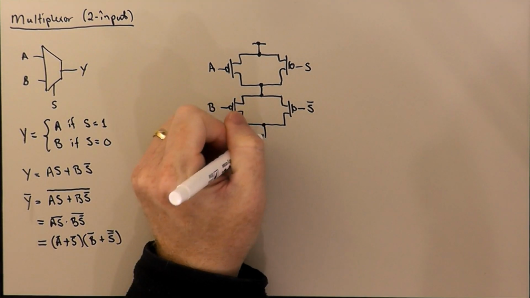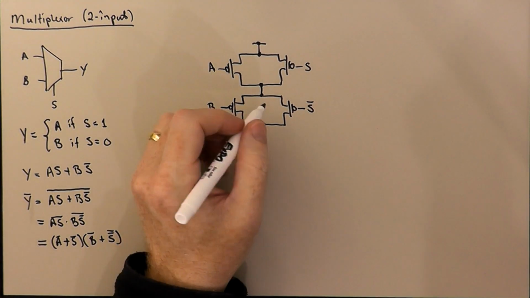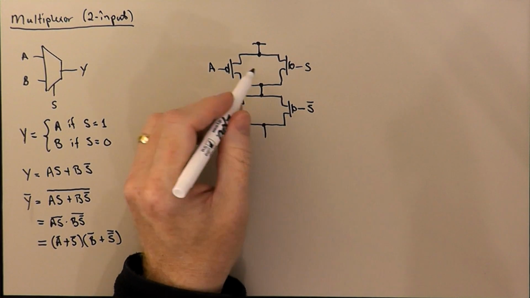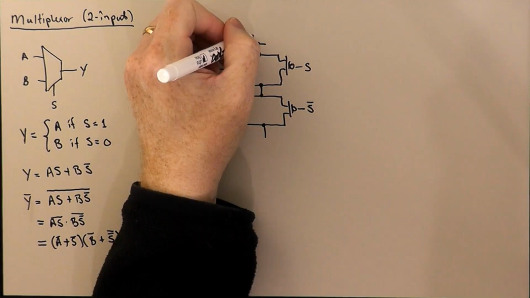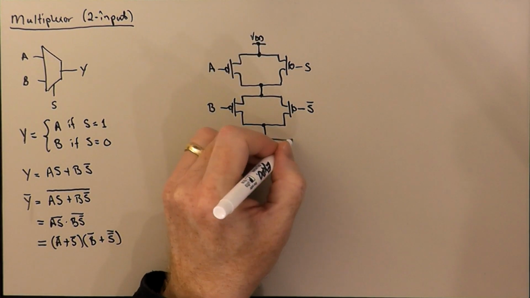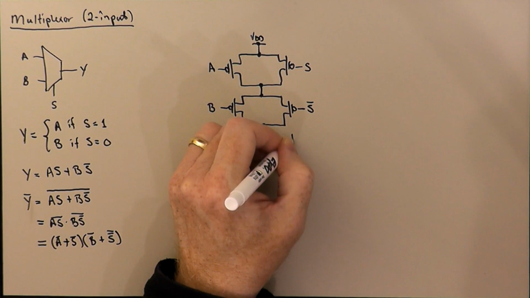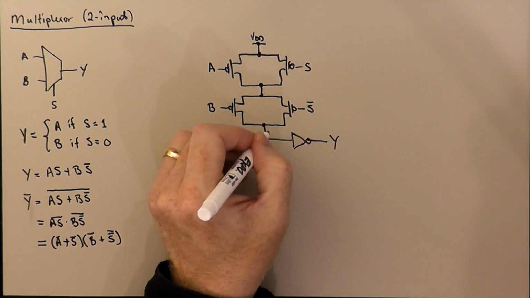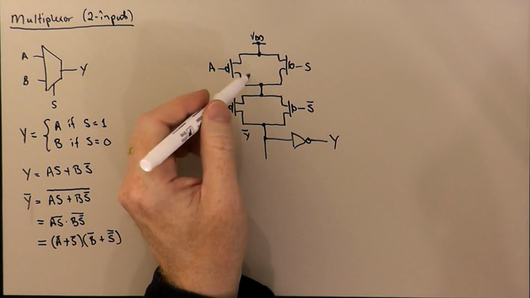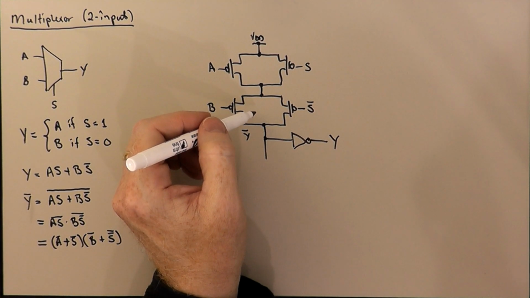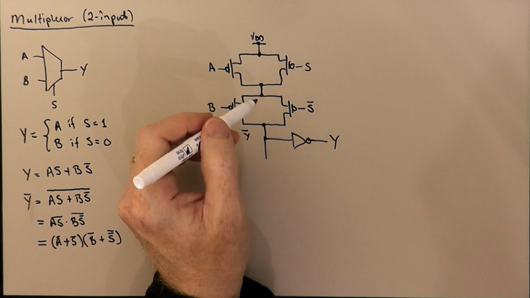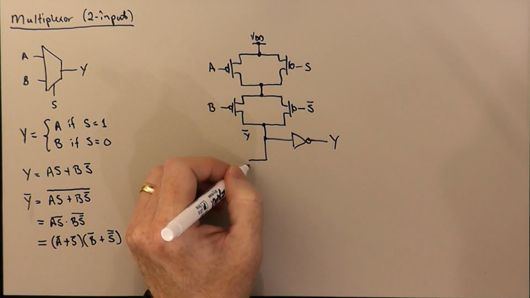Then we will have to synthesize a pull-down network that is the dual, or the conduction complement, of this pull-up network. And we're going to have an inverter on the output, so this is Y, and this will be Y bar. We're going to have two things in parallel with each other, and those two things will have two transistors in series each.